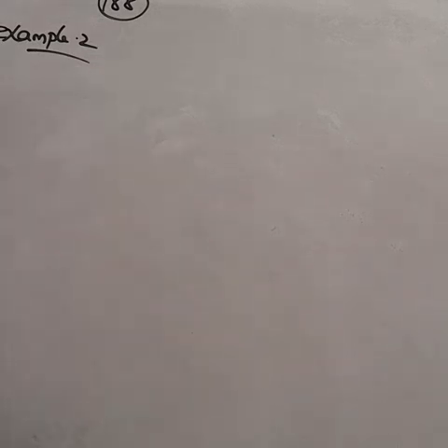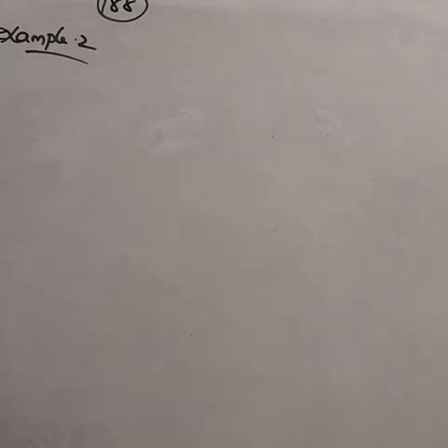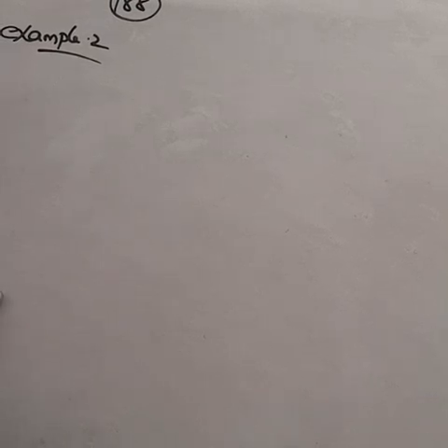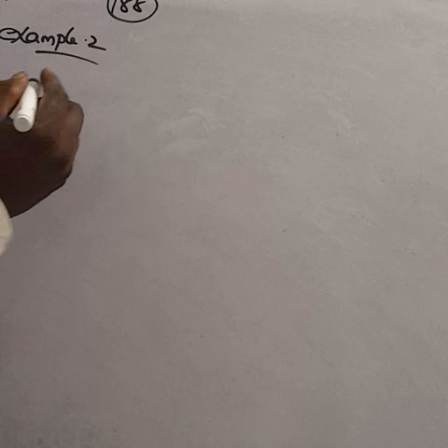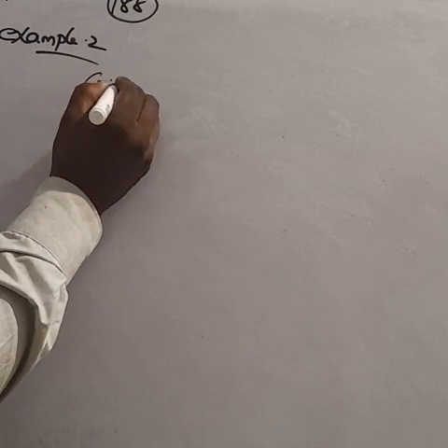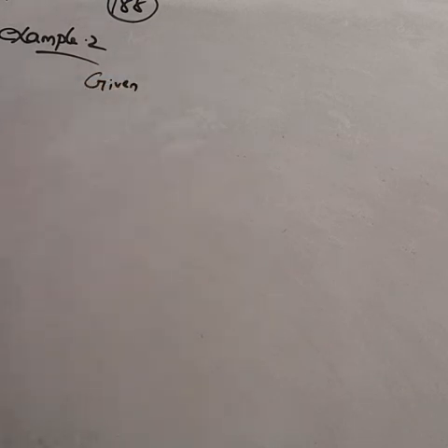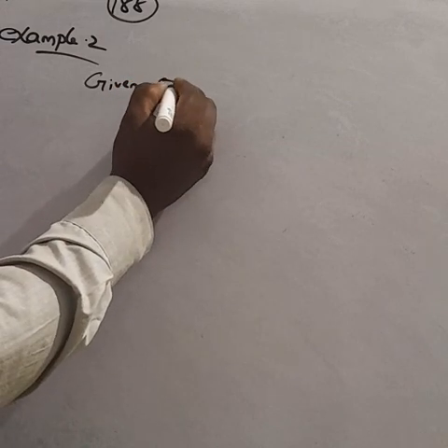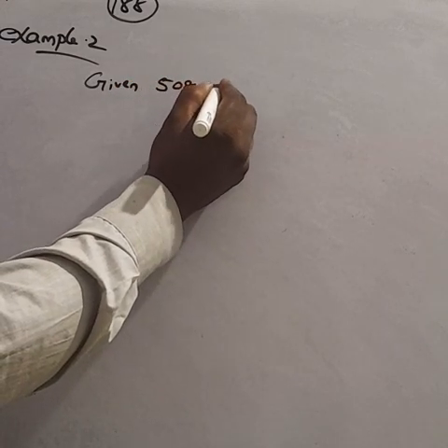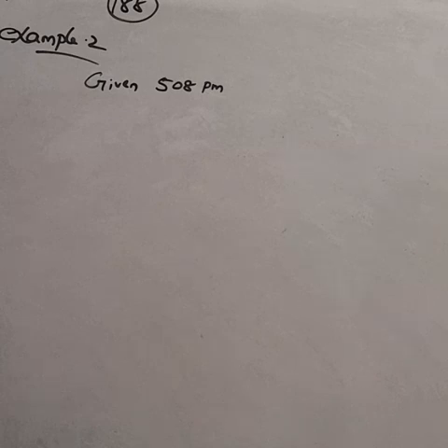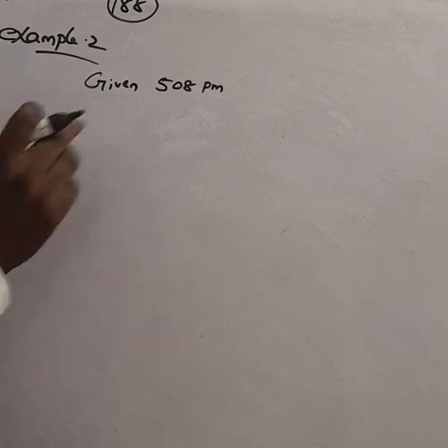What is the density of barium in grams per centimeter cubed? That's the question. As per this question, only one data is given: a length of 508 pm. So, this is the given data.